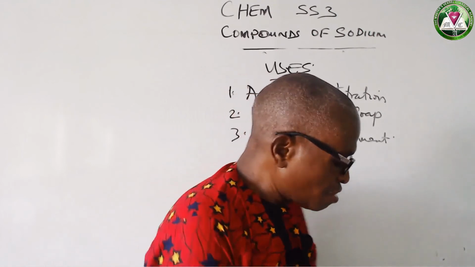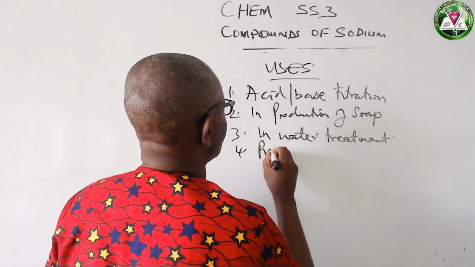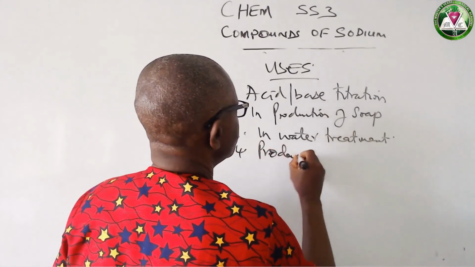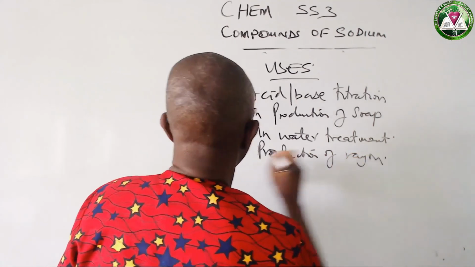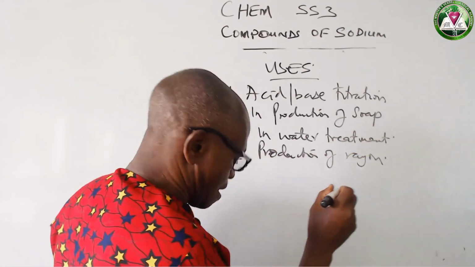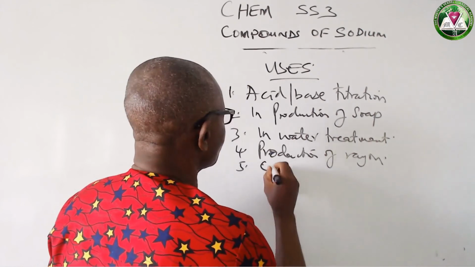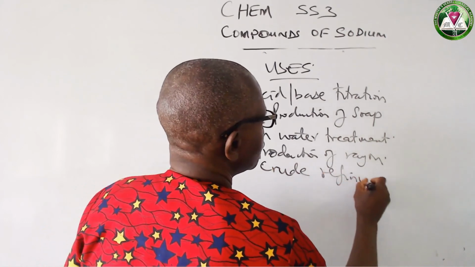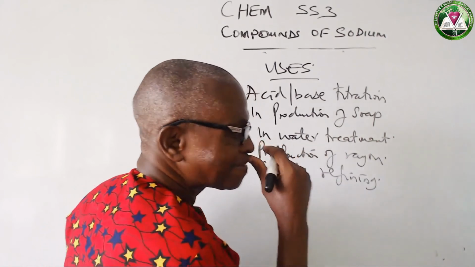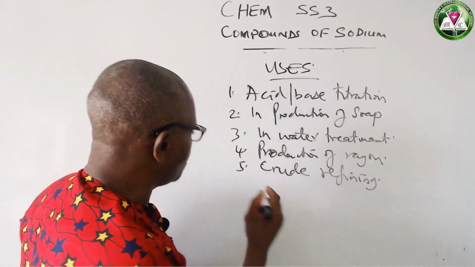You can equally use sodium hydroxide in production of rayon. You can equally use it in crude refining, to remove the slimy, slippery substances in crude.